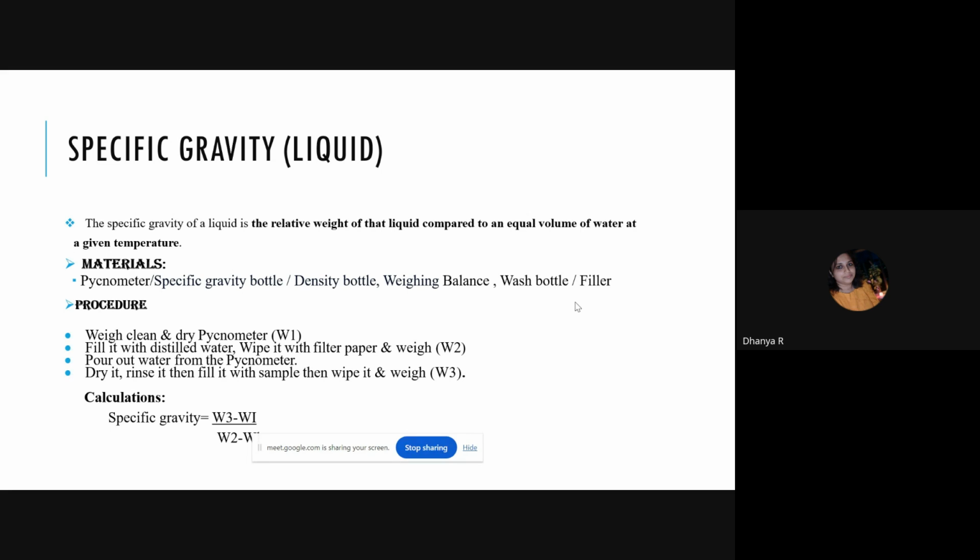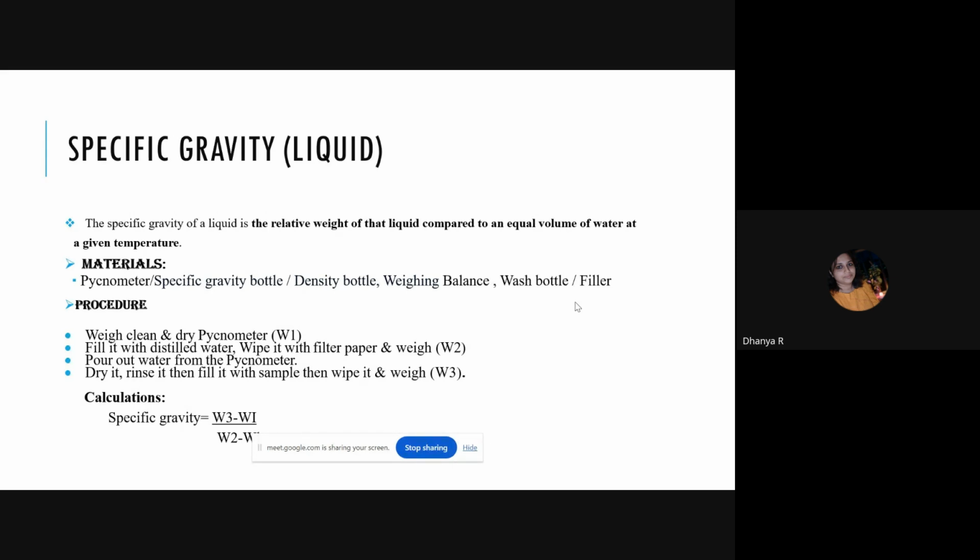Now pour out the water from the pycnometer, rinse it, dry it in an oven, and then again fill the pycnometer with your drug's fund or kwath, whichever you take, and note its weight as W3. And specific gravity, as we already discussed, will be the weight of the liquid divided by the weight of water.